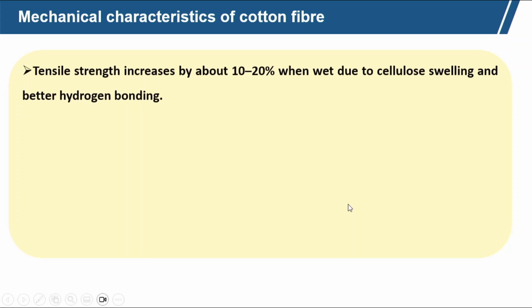Tensile strength can increase about 10 to 20% when wet due to the cellulose swelling and better hydrogen bonding.